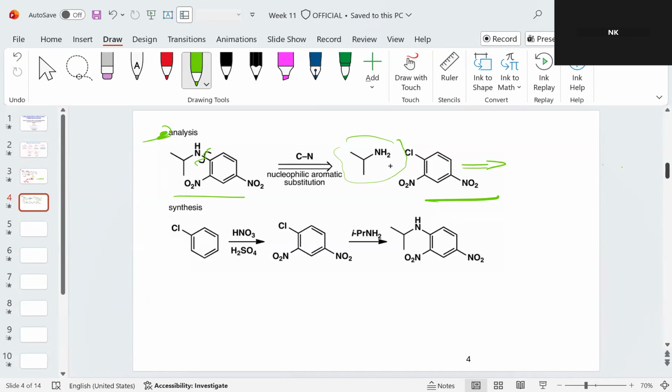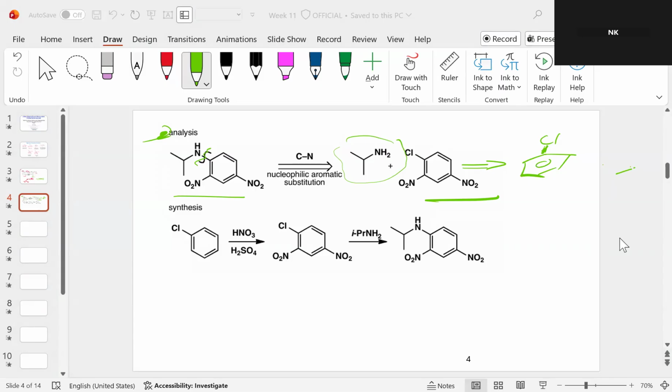We can also synthesize this from chlorobenzene, which is our starting material. If you look at the linear synthesis from chlorobenzene, you can clearly see it for this target molecule.